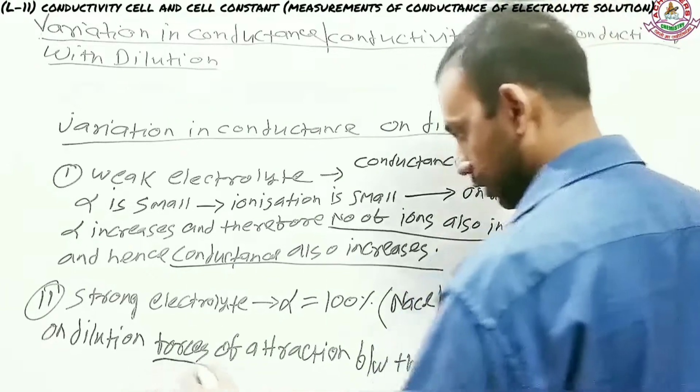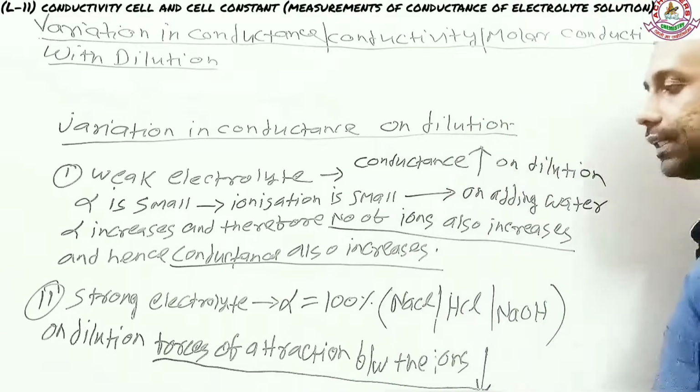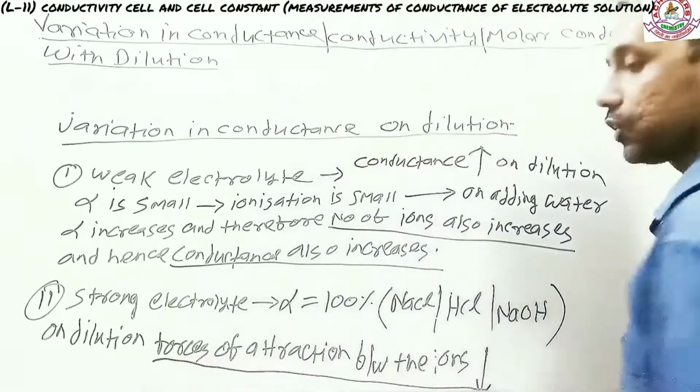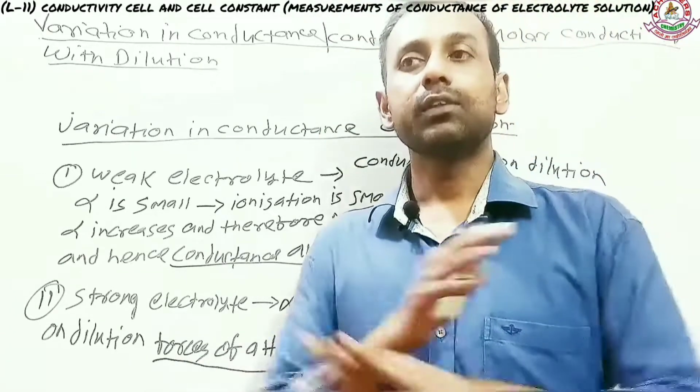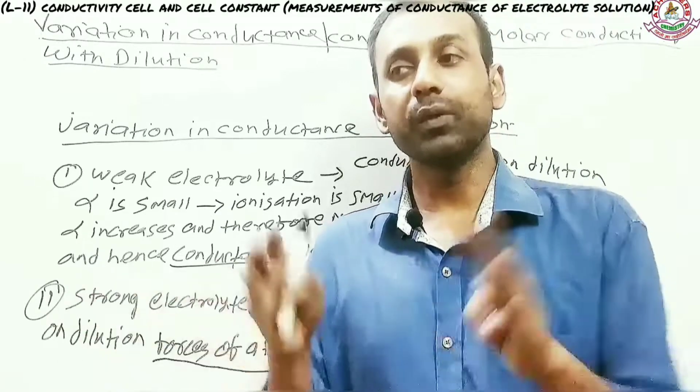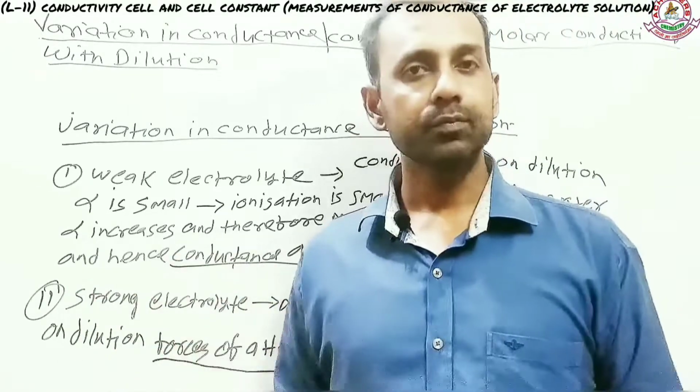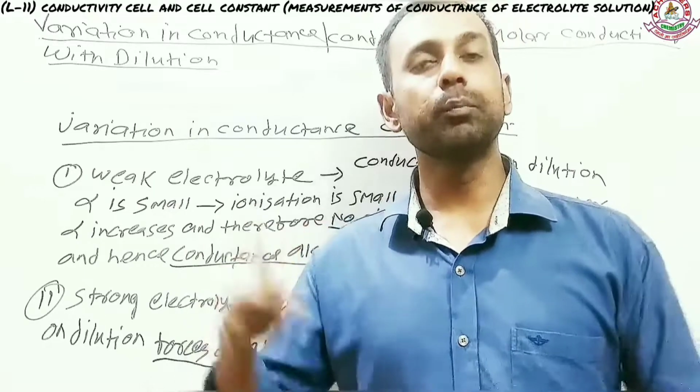Let me underline this: the forces of attraction between the ions decrease. And if forces of attraction decrease, the ions start moving with a rapid speed. So per unit time the movement of ions is increased.